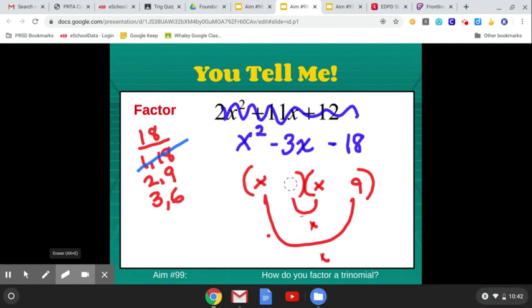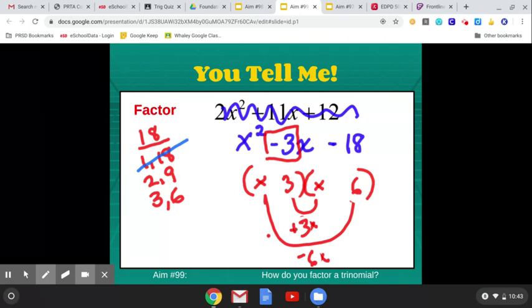So it's going to have to be 3 and 6 somehow. All right, let's try 3 and 6. 3x and 6x. Now, how can 6x and 3x give me a negative 3 in the middle? Well, if this is negative and this is positive, that would combine. When I say combine, I mean add them together.